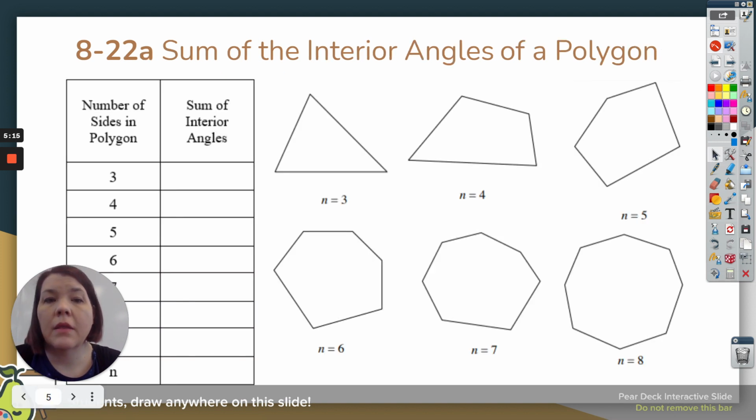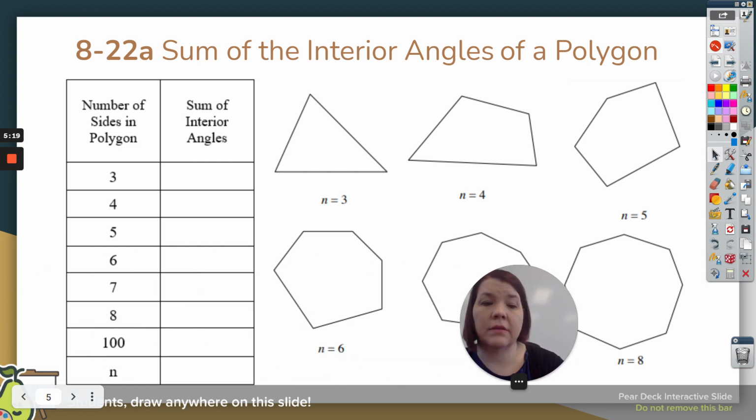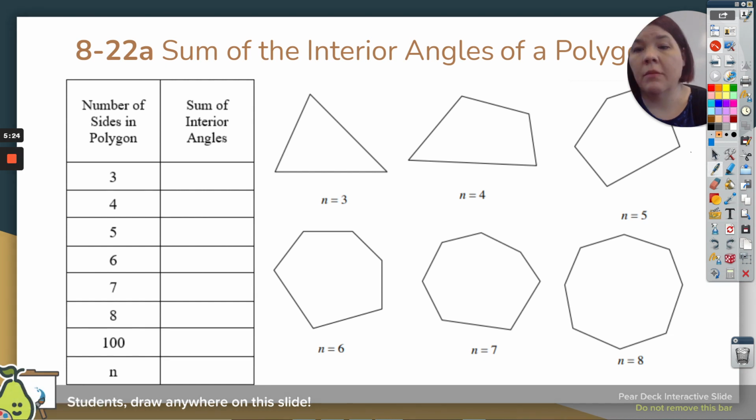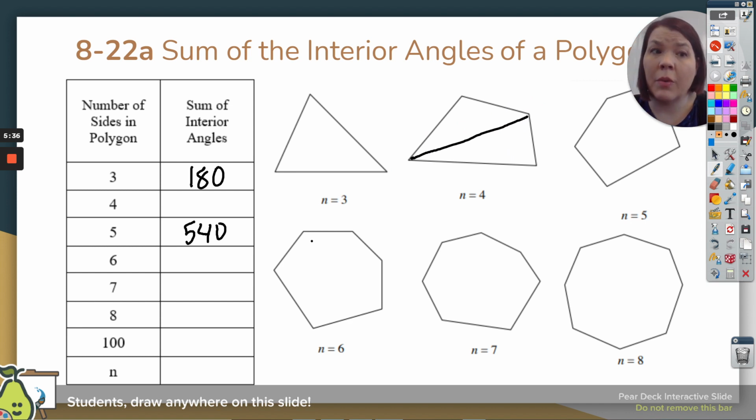The sum of the interior angles then, so we're going to go ahead and fill in this. For a triangle, this is 180. We know that. We just did this one, it was 540, and it was just random, so that will work all the time. The idea is to think how many triangles there are. So there's 2 triangles in this one. So that's going to be 180 times 2 or 180 plus 180, whichever way you like to think about it. So 360.